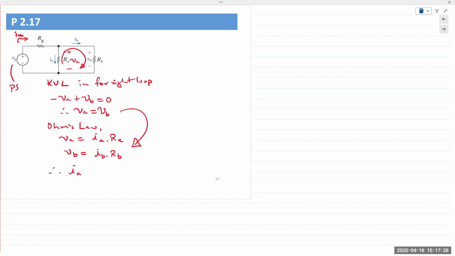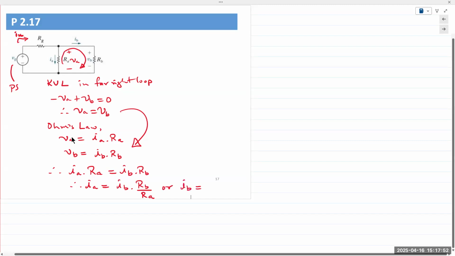We can write IA times RA is equal to IB times RB. At this point, you can write IA is equal to IB times RB over RA, or we can write IB is equal to, I should have moved this to the left.